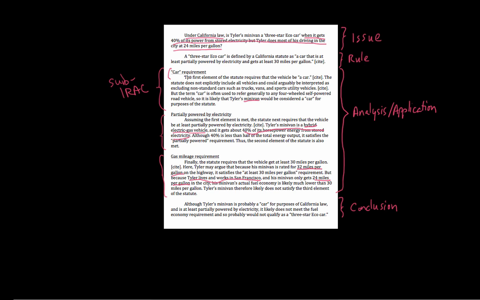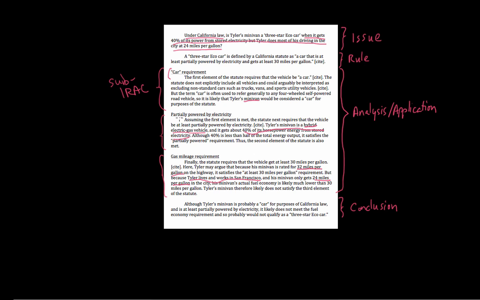It does do that. It lets the reader know, okay, now we're talking about the car requirement. But the headings help the reader see very quickly what we're talking about in each one of these paragraphs. This heading, car requirement, lets the reader know that this paragraph right below the heading is talking about the car requirement element and only the car requirement element.